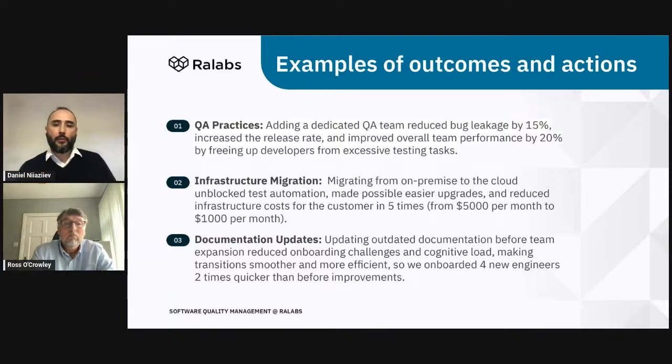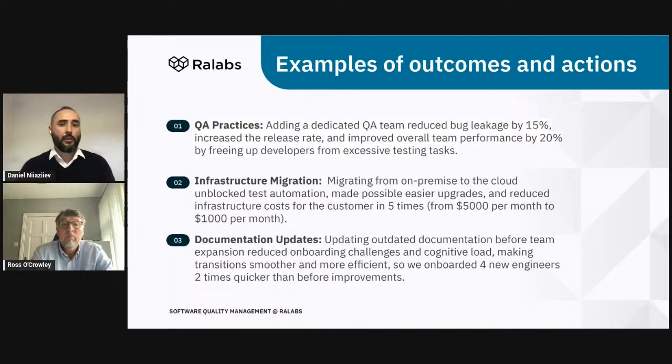We discussed this with the client and the team, and they clearly said that we need to introduce these changes. We added a dedicated QA engineer with supervision of a QA expert on our side, and this reduced bug leakage by 15%.